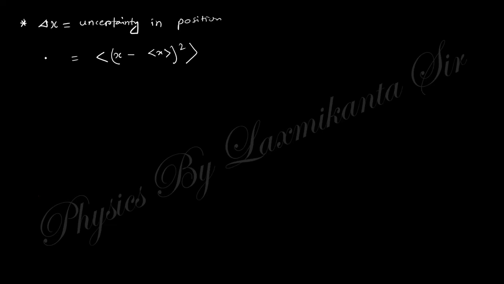Okay, so delta x square will be like that. Here the expectation value of x is the average value, and the separation will be actually the uncertainty. This is the expectation value.